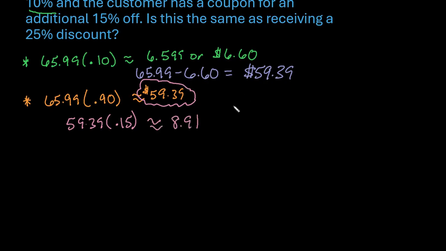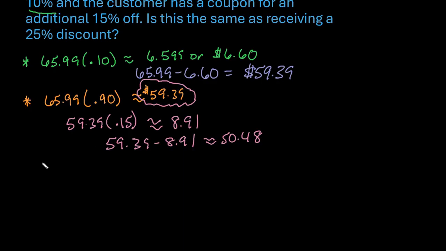I do just round to the nearest cent because it makes the most sense in this case. And then from there, we would take the $59.39 minus the $8.91, and we end up with $50.48.